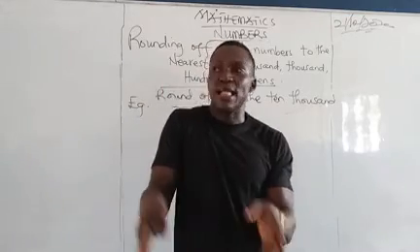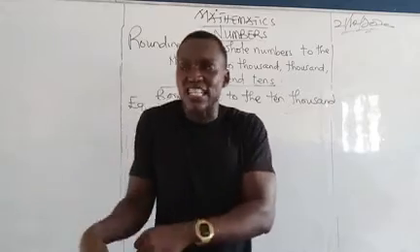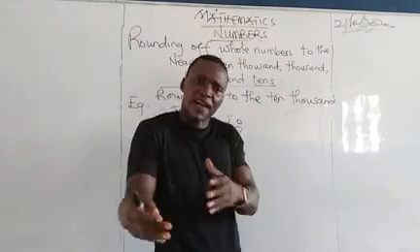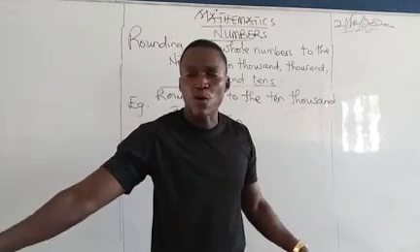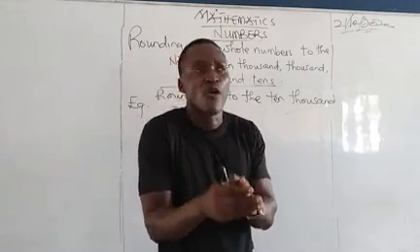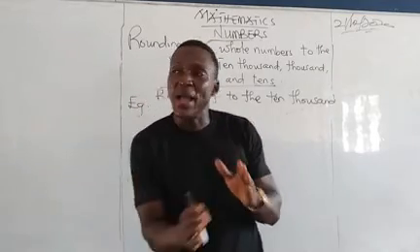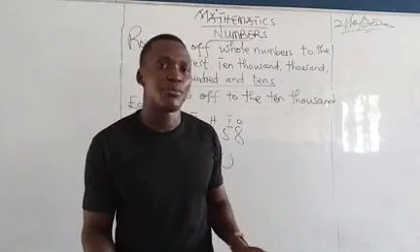If you are rounding to the 10,000, know your 10,000 number. After knowing that, you check the number next to it. If the number is 5 and above, you add 1 to what you are looking for, then you make the rest 0. If the number next to it is 4 and below, you maintain your number, then you make the rest 0. Very simple.